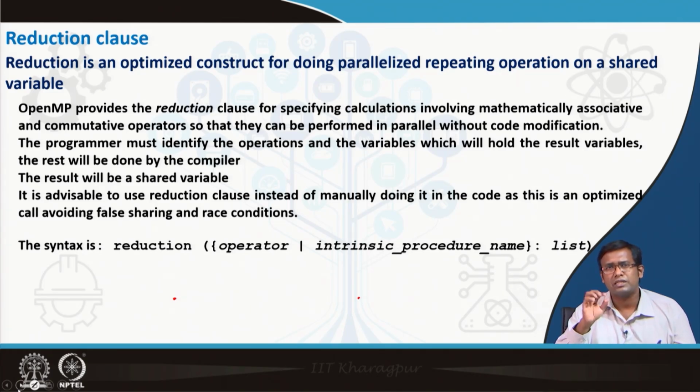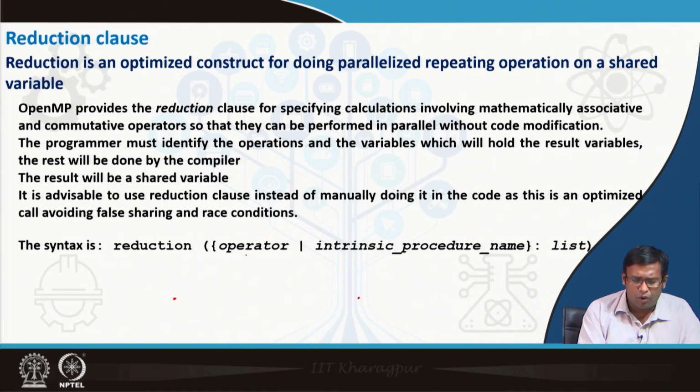The syntax is you write reduction and then the operator name or the intrinsic procedure name. The operator is summation, multiplication and so on, and the intrinsic procedure is maxima, minima, average. Average is again summation, and then you list the variables, the array that has to be taken for the reduction operation.